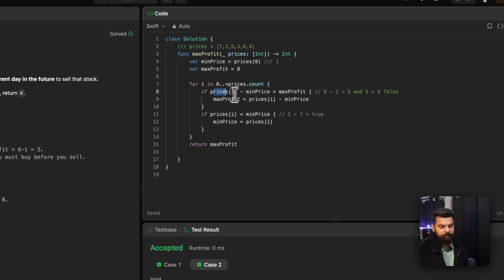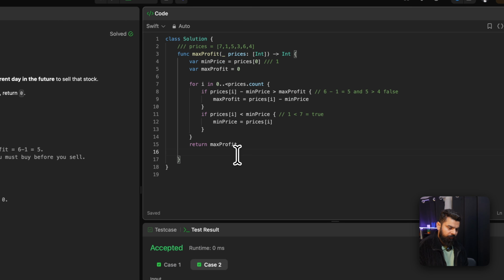If I do price I, which is 4 minus 1, minimum price is again 1, it will give us 3, and 3 is definitely not greater than max profit 5, which we have already declared here. So it will skip this one, and 4 is again not lesser than 1, because 1 is the minimum value we have here, so it will not update min price.